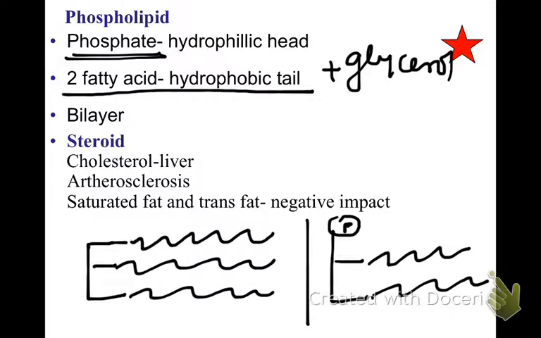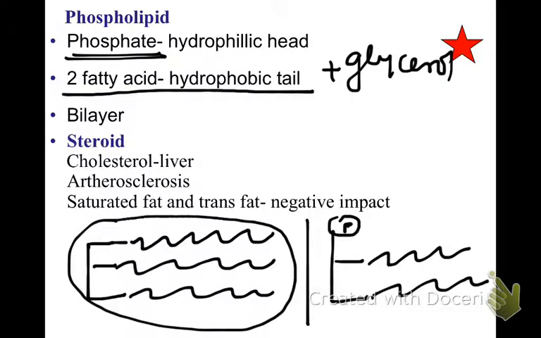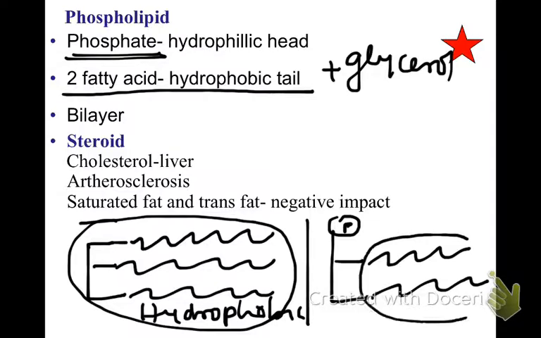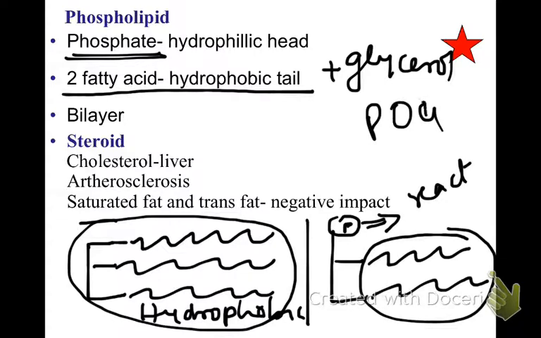group here. In the fat, none of the sides or any part of it had any charge, so it was totally hydrophobic. But in this case, this part is hydrophobic, and this part has a capacity to react because it is a phosphate group. Phosphate groups have some amount of charge, so it makes it a hydrophilic region.